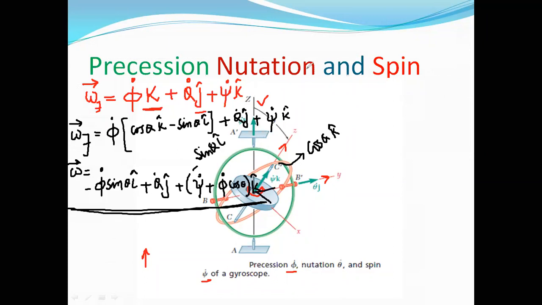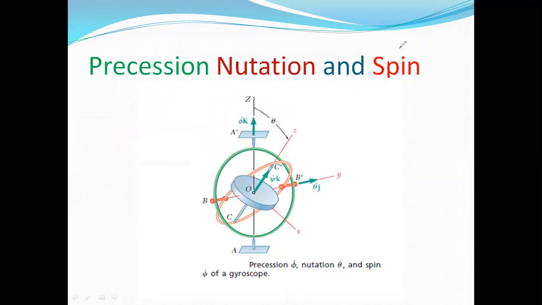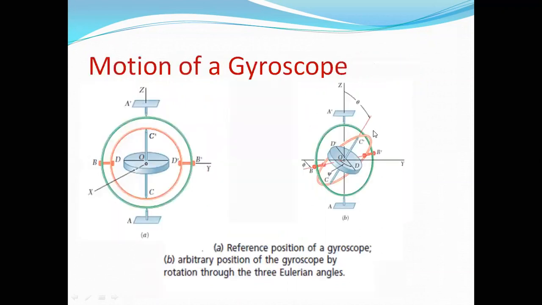I hope that you have copied this expression, because I need to return back. If you look at the capital X, capital Y, and capital Z, our x-axis is like this, our y-axis is like this.